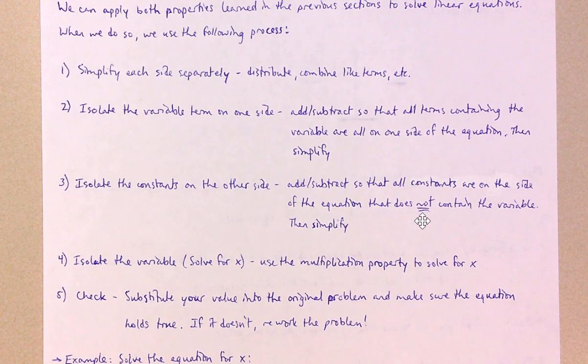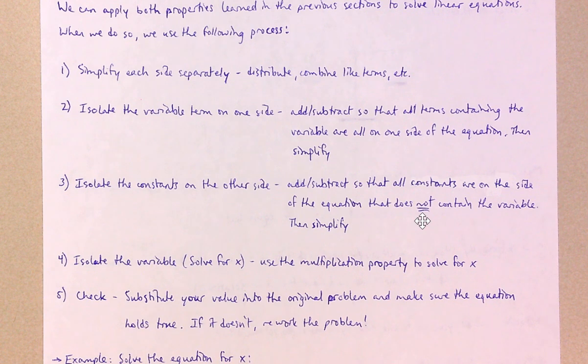Substitute the value that you found back into the problem at the very beginning and make sure that the equation does indeed hold true. If it doesn't, then go back through the problem, rework it, or check that you didn't make some kind of mistake when you checked your answer.